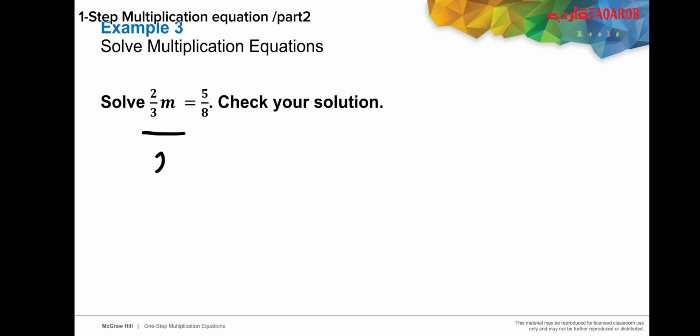And since it's an equation, whatever you do to the left, as we said, you should do to the right. So 5/8 will be divided by, again, 2/3. Now, if you remember, we said how to deal with fractions.